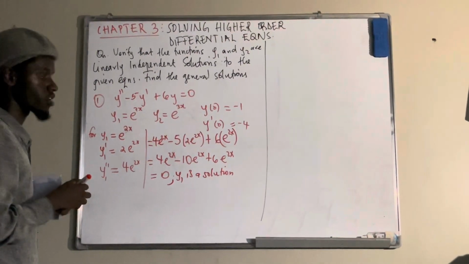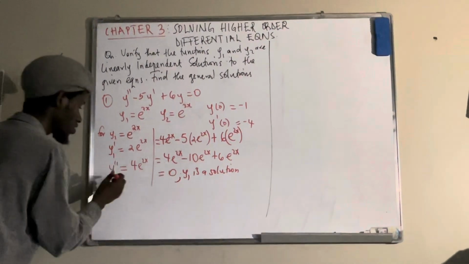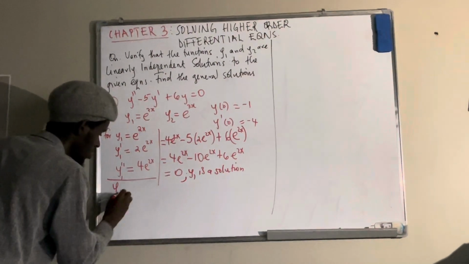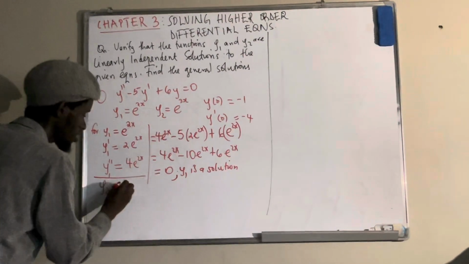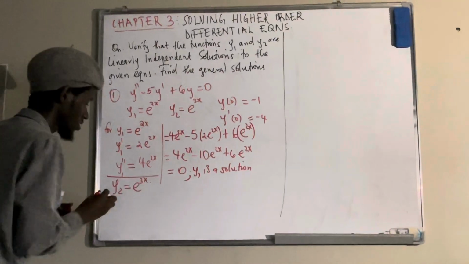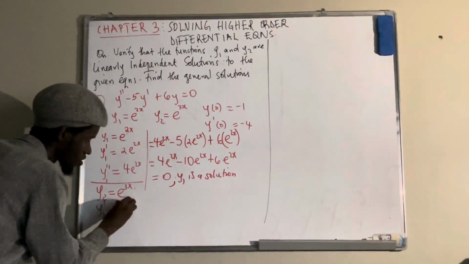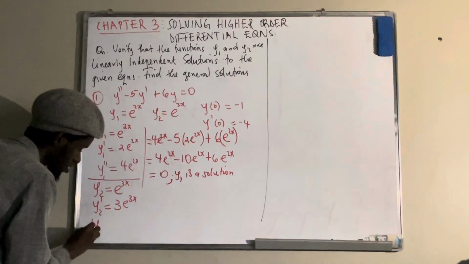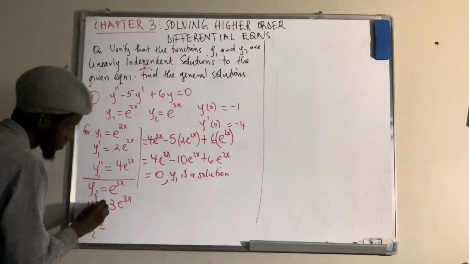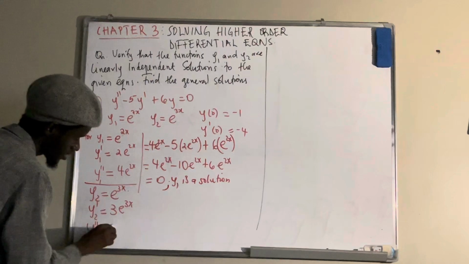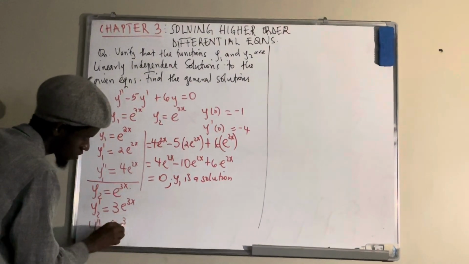Similarly, I do the same for y2. My y2 is e power 3x, therefore my first derivative of y2 is going to be 3 e power 3x. Then my second derivative of y2 is going to be 9 e power 3x.